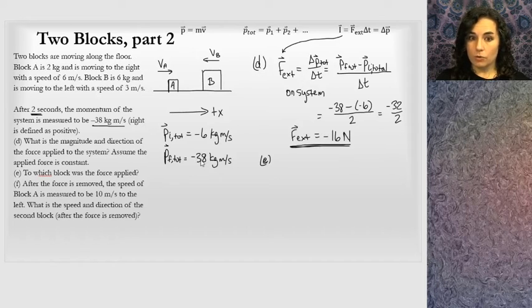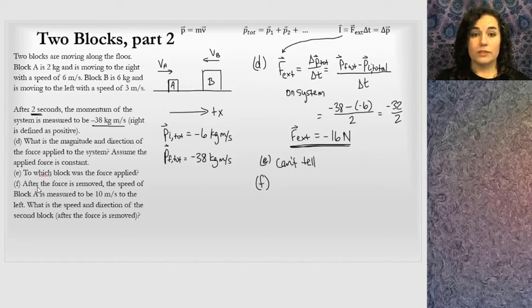I don't know what components A and B contribute to this negative 38, so I don't know how it changed from negative 6 to negative 38 with the individual blocks A and B. I just know a force was applied to the system. I don't know which one. So I'm going to say can't tell yet because we're not done with this problem. You'll see what happens here.